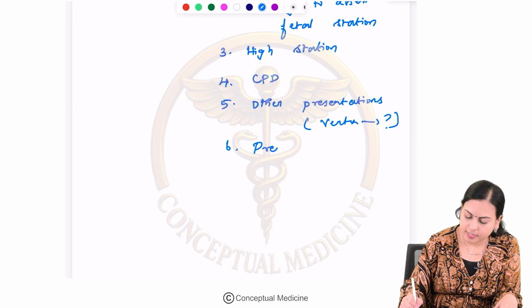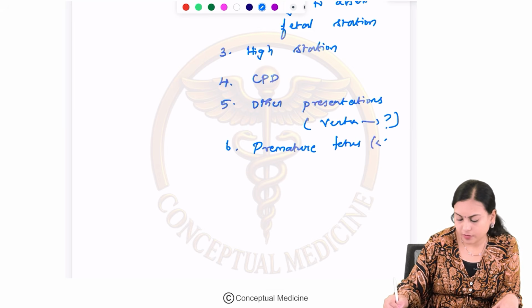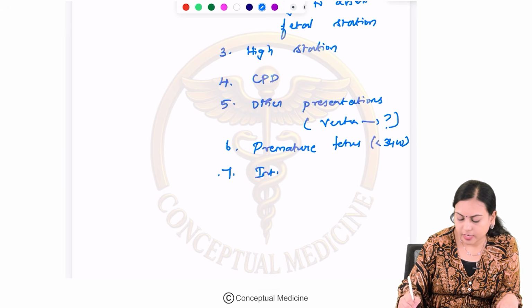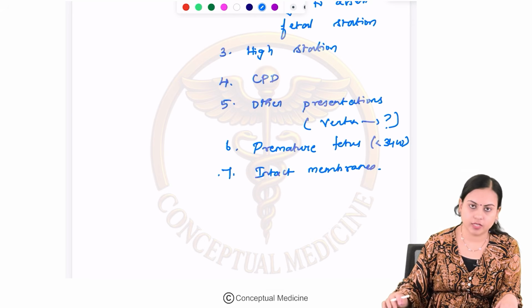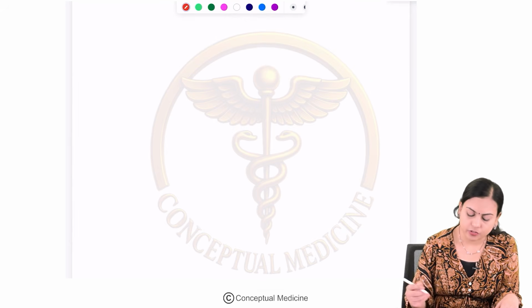Then as I said, premature fetus, less than 34 weeks also you are not going to do, and when there are intact membranes also forceps should not be applied. Clear? Right. Now we will see what are the prerequisites of the procedure.